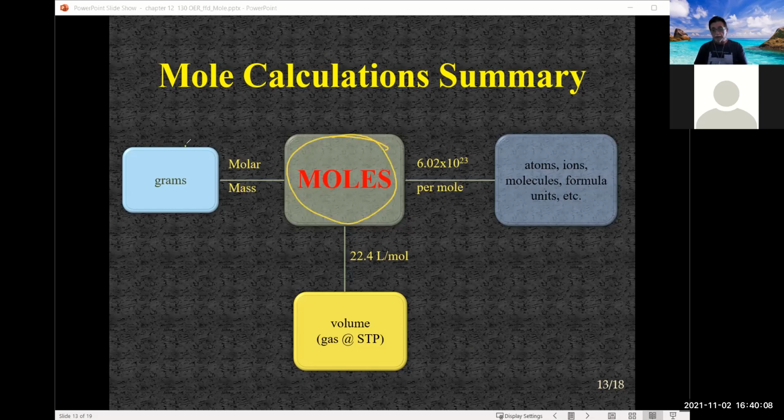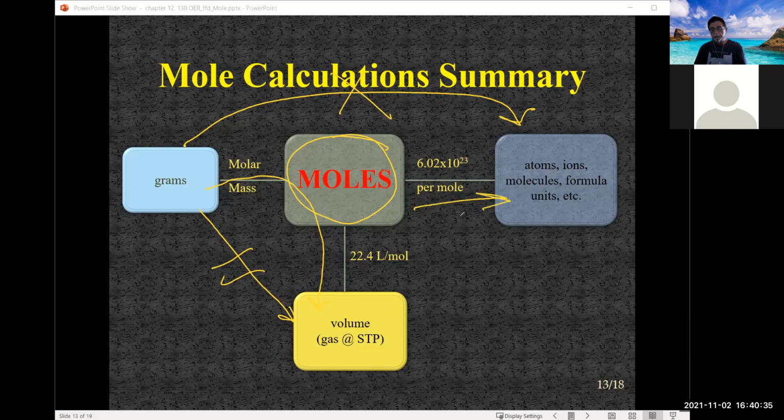Going directly from here to here will not function. Getting to the volume will not function unless you go through moles and down that way. Getting from the grams all the way across to atoms is also not a direct route. You have to go through moles.